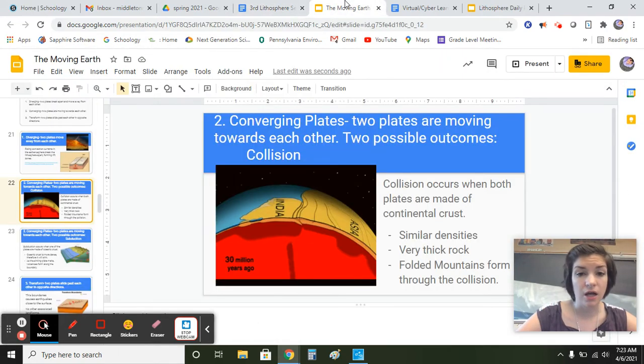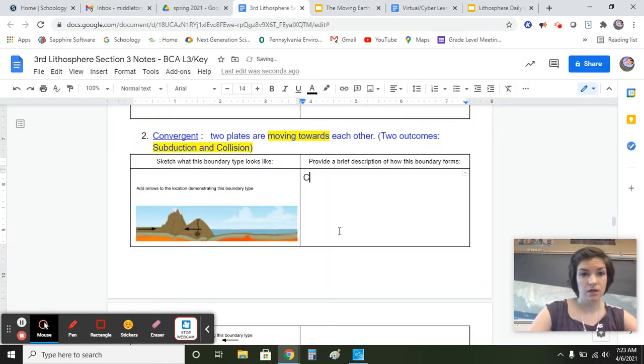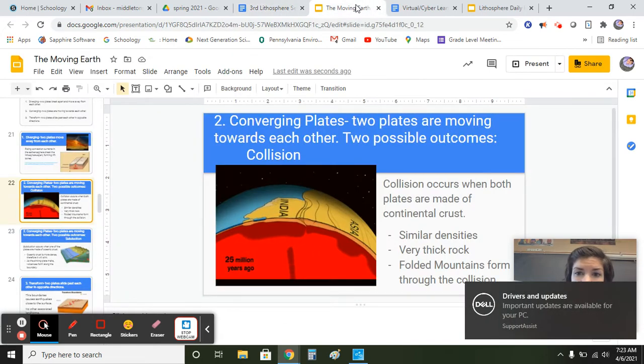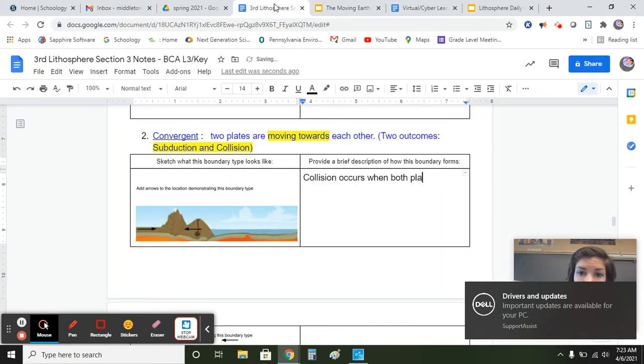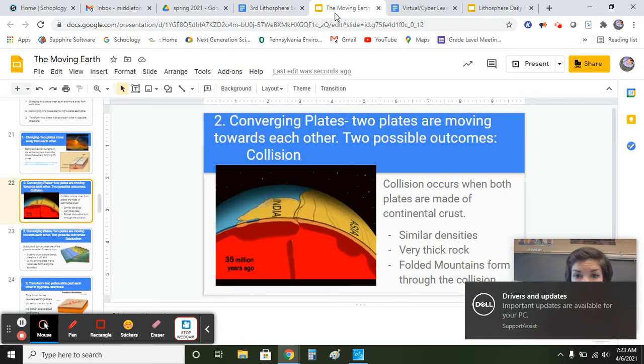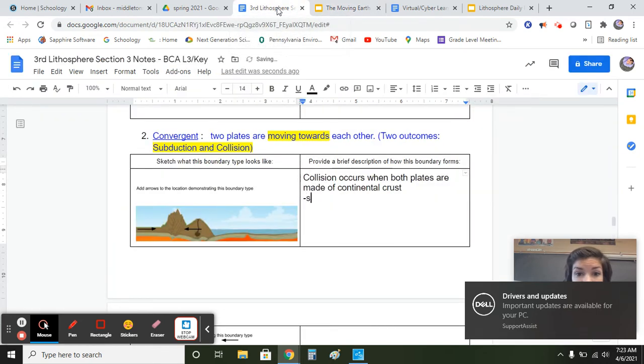So collision occurs when both plates are made of continental crust. All right, and so we get things like they're similar densities, so one is not going to go underneath the other.